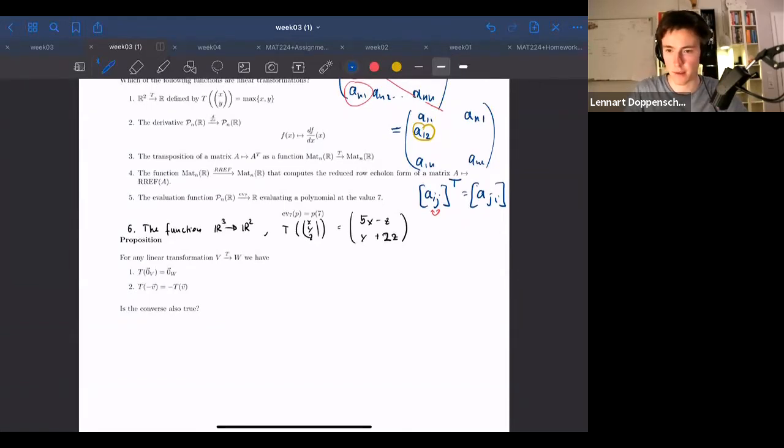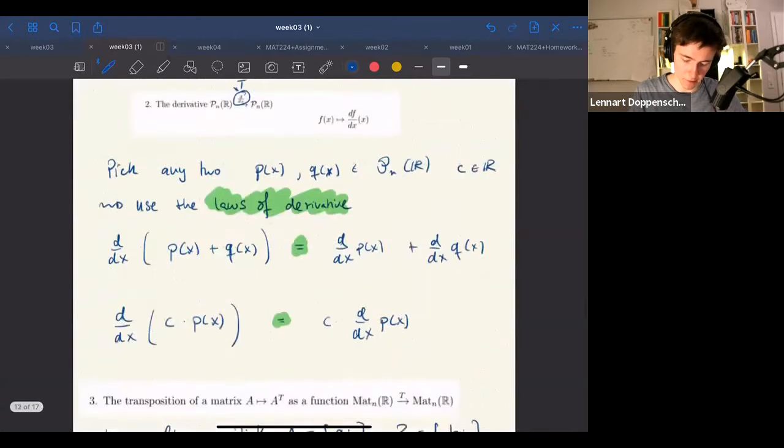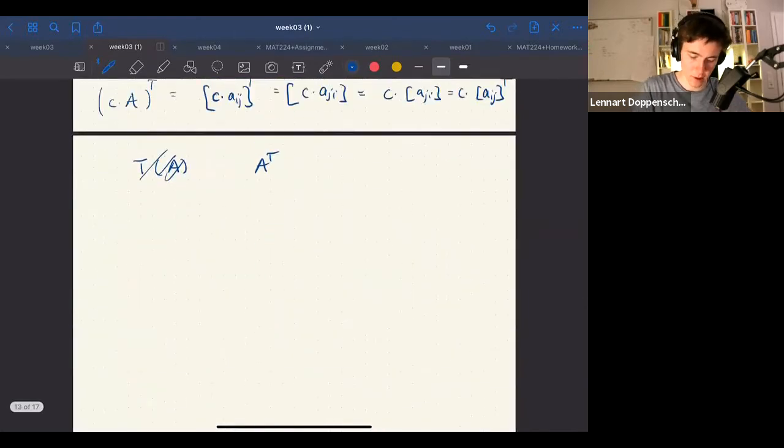That's a brilliant idea. So let me just do a counterexample to 4. A goes to RREF of A, and this is not linear. And here's the counterexample.